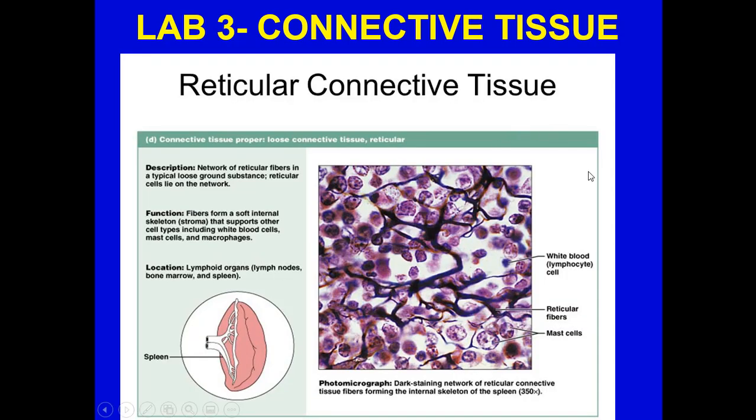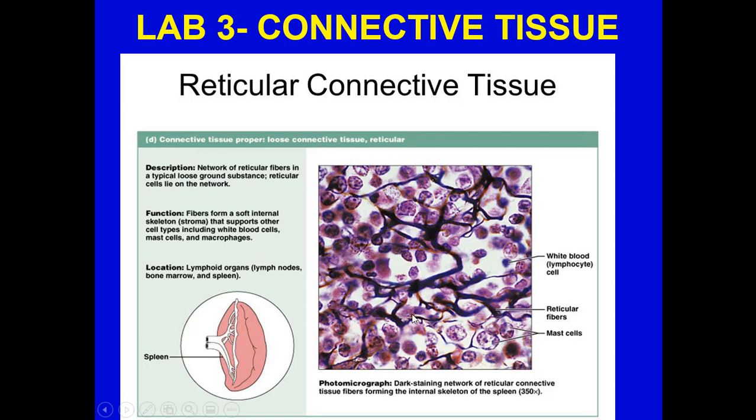Moving on, reticular tissue. Now, this is an example I use of the spleen. Here are the reticular fibers here. See these dark lines here? That's from the stain that identifies the fibers, but it's a very loose network. And reticular cells lie on the network.